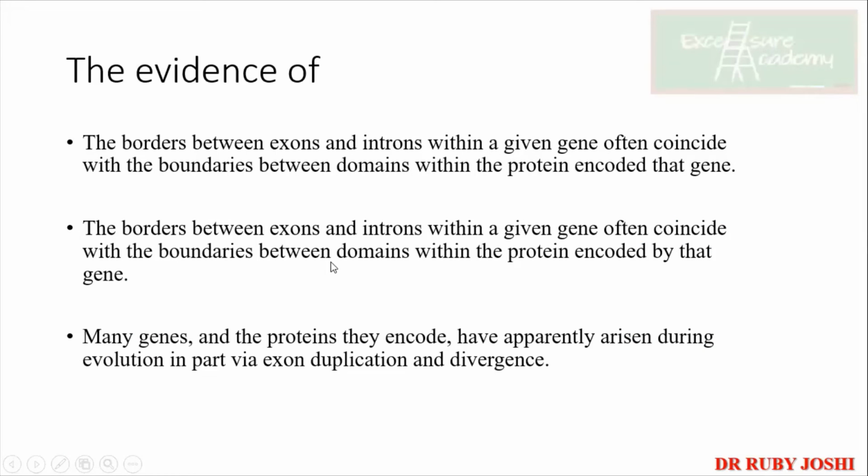Now, what is the evidence which proves that these things are present? Okay, so the borders between the exons and introns within a given gene often coincide with the boundaries between the domains within the protein encoded by that gene. Acha. So for this, you need to have more structural knowledge.